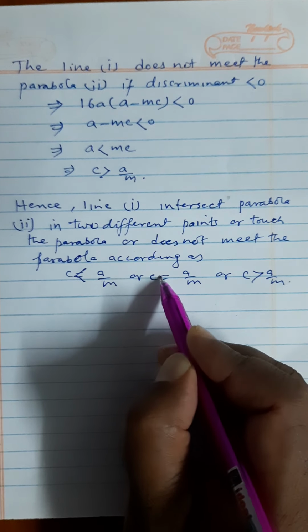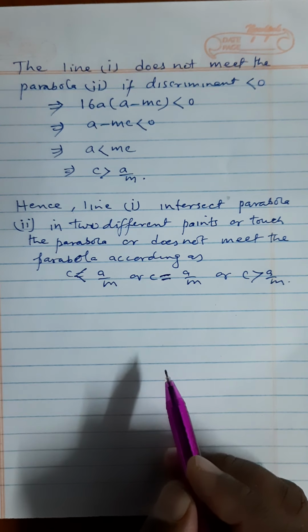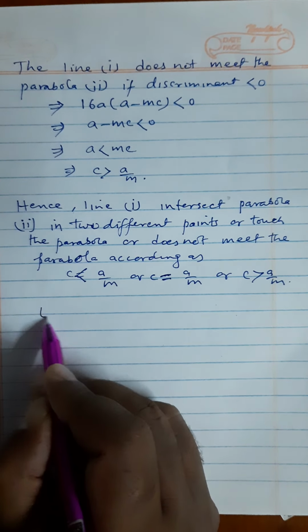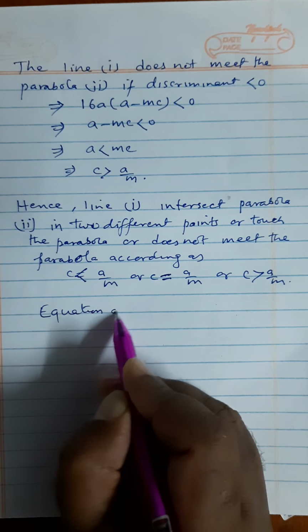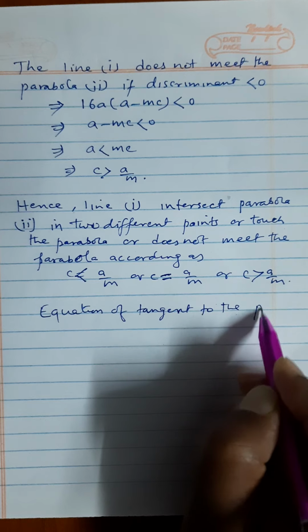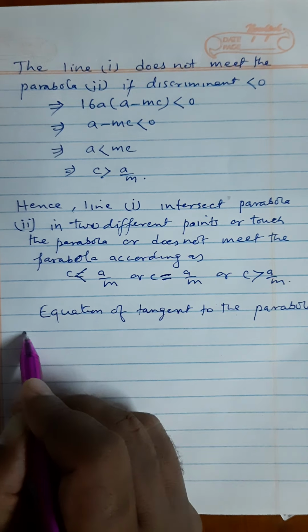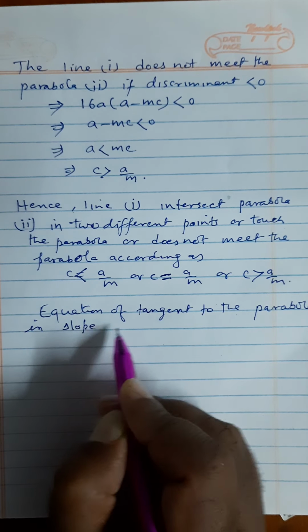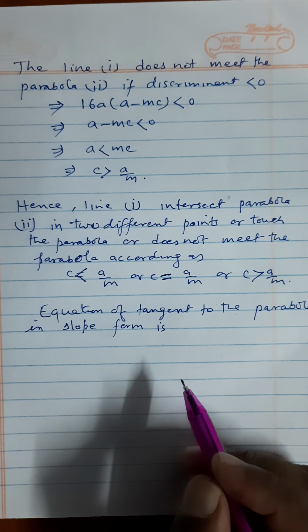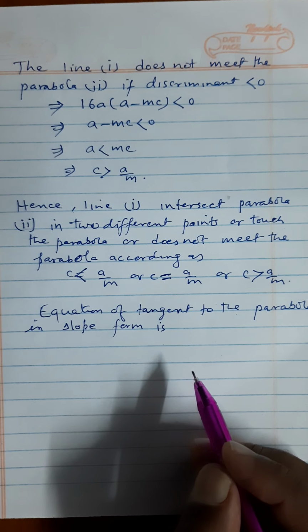And from this we can also get the equation of tangent to the parabola in slope form. When a line just touches the parabola at any point, that line is called tangent to the parabola at that point.